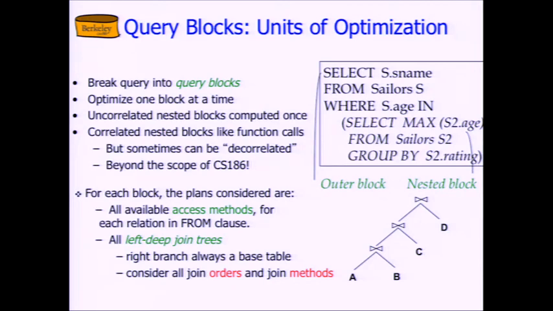So there's this correlation variable to the outer, where T dot something. This thing is referencing the outer block. This is essentially like saying we're going to run this query, but we're going to pass in the value of T dot C as a function call. So it's like we're making a function call to this query where this is a variable v, and this query is like a function of v, and v comes from the current tuple of T. Make sense?